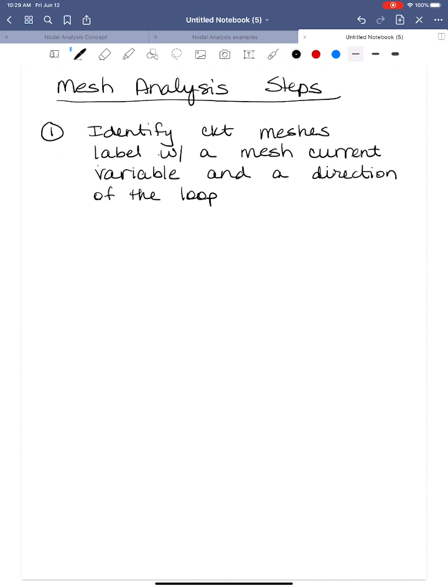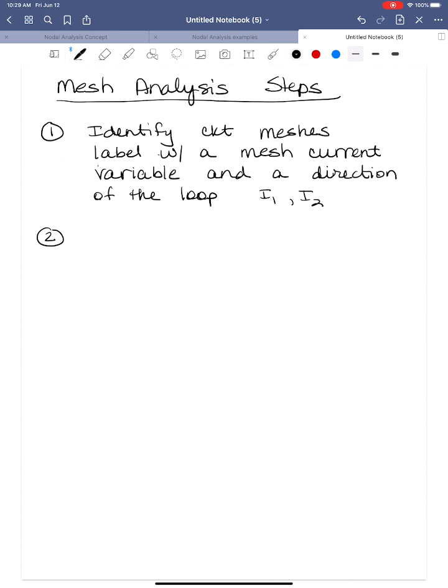Okay, so step 2. Oh, and labeling meshes, you're going to call it I1, I2, IA, IB, whatever name, subscript convention you want to use. I typically try to use I1 and I2. Okay, I3, and so on.